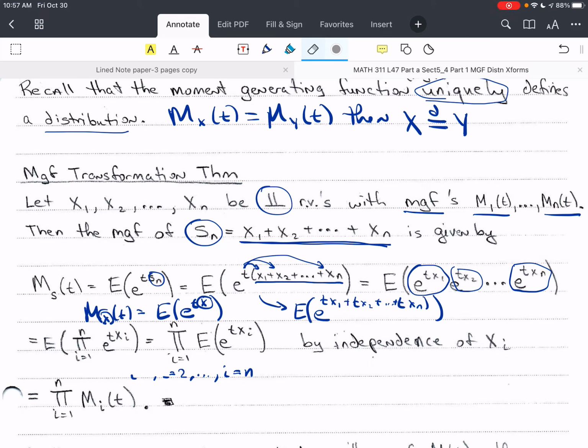Because they are independent, we proved a theorem in the last section that I can distribute the expected value across the product by independence of these Xi's.